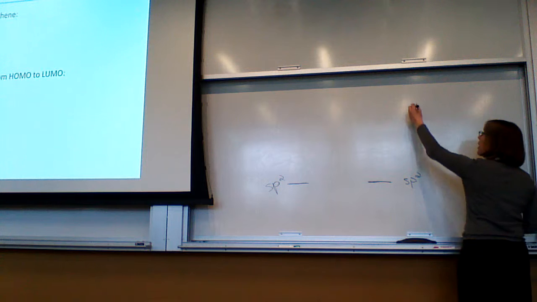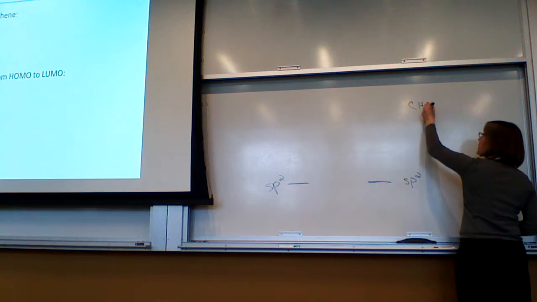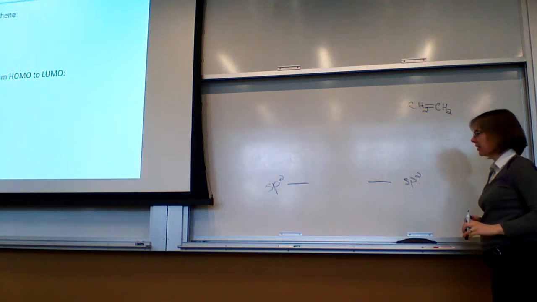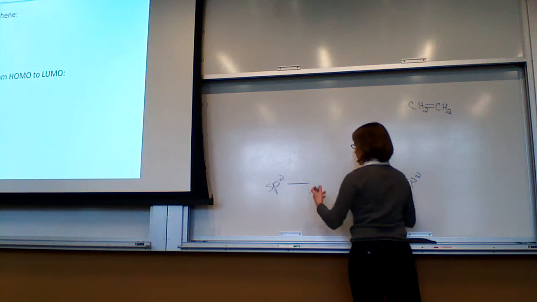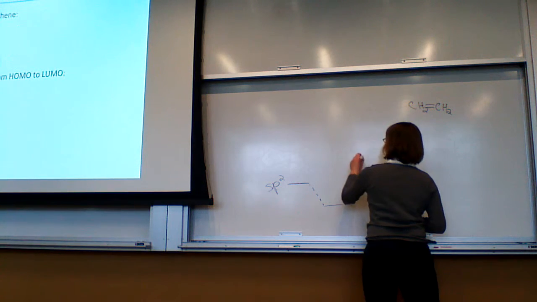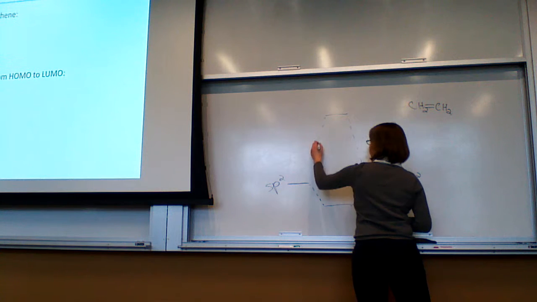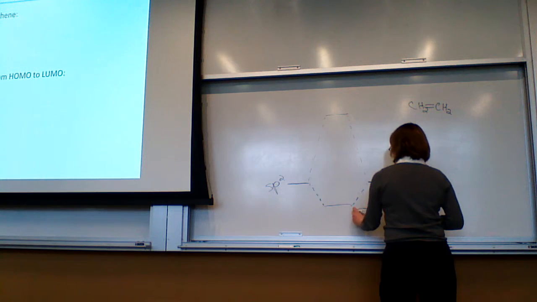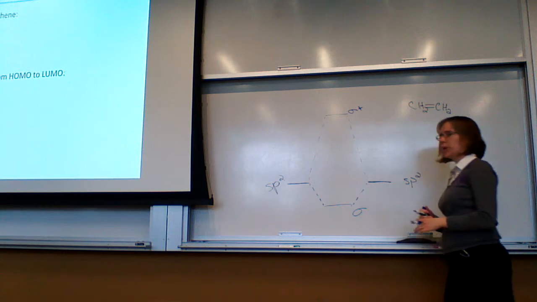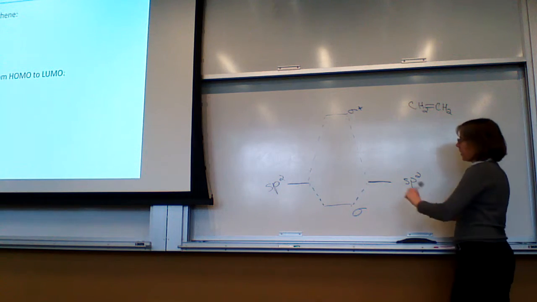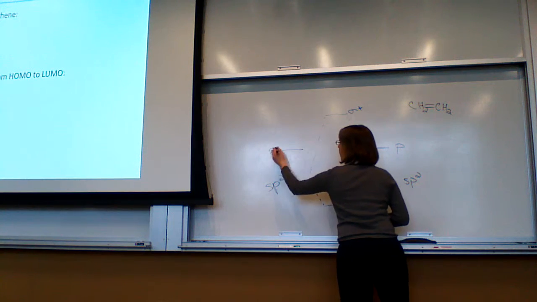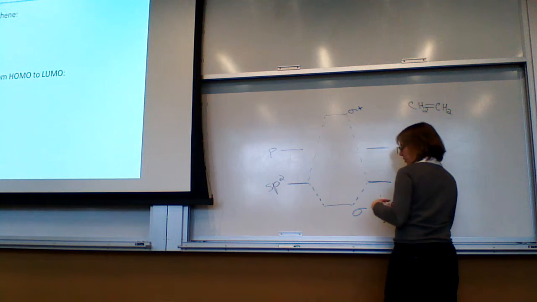So we're going to look at a subset of ethene here. It's going to form a sigma bond between the two carbons, and it's also going to form a pi bond between the two carbons.